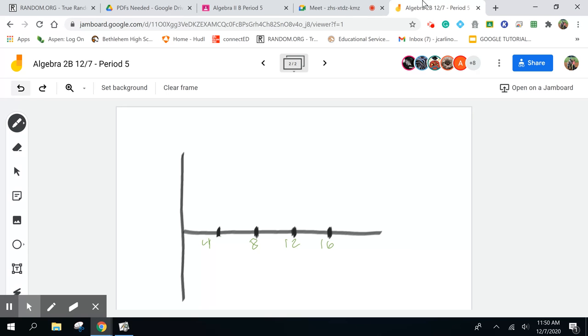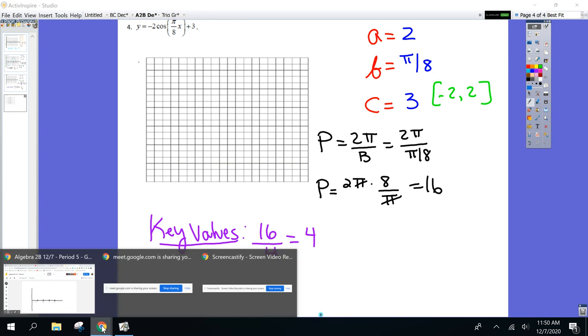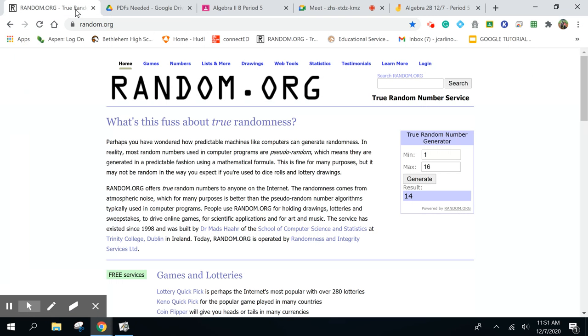All right, y values now, guys. Max and min, so we can finally finish this thing. It was -2 to 2. But anytime I have a C value, that's going to change. What was our shift again? Kian, what was our shift?